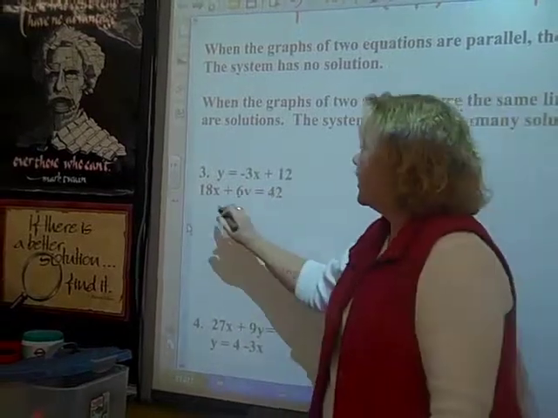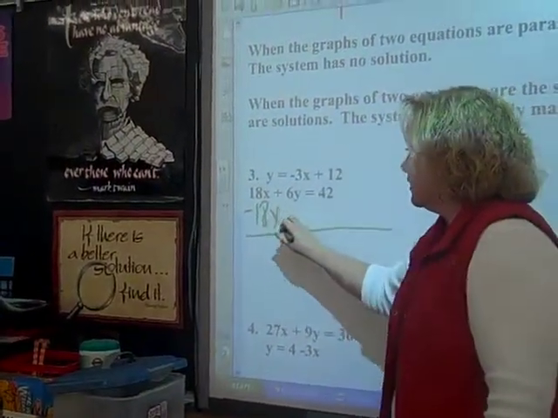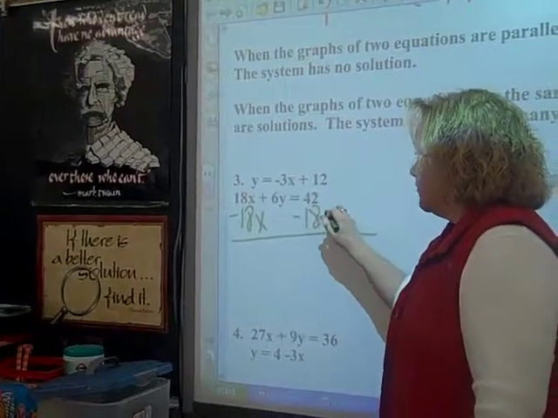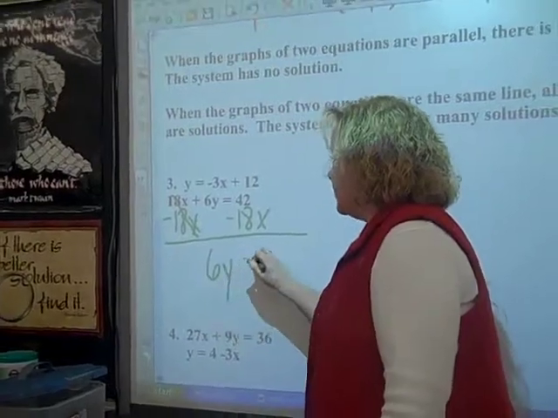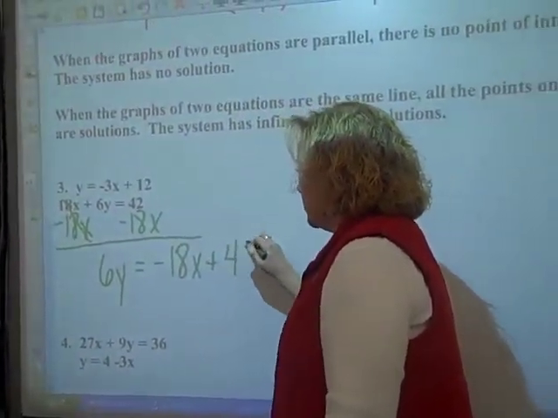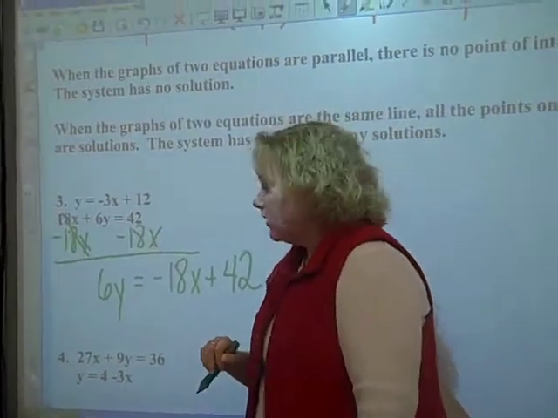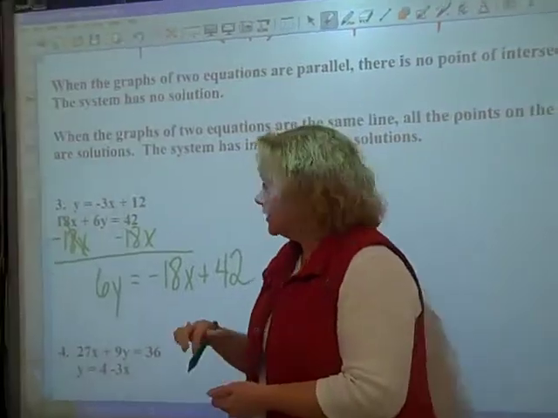Minus 18x. Okay, so first thing I'm going to get that 18x off of that side. And then remember, whatever I do to one side, I have to do to the other. So now I have 6y is equal to negative 18x plus 42. What's my next step going to be? What do I do after this? Casey, tell me.